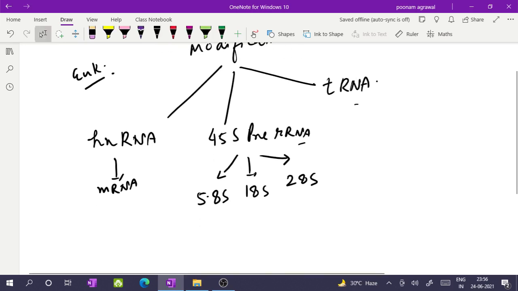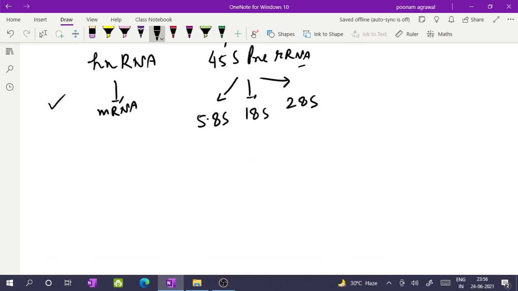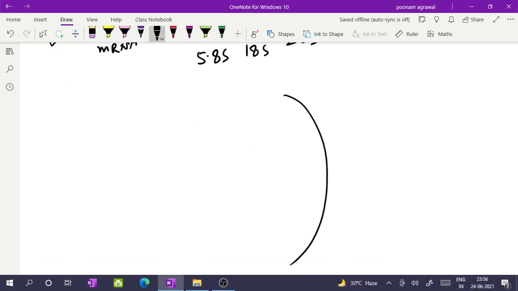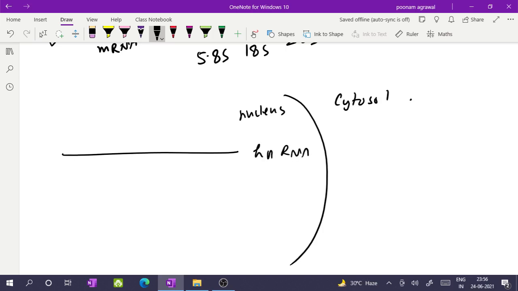First of all, I start with the modification of hnRNA to mRNA, and please understand it's a totally nuclear process. If I draw this as a nucleus and this as cytosol, and this is the hnRNA, it is much larger compared to the final product messenger RNA, which is much smaller. The large size of heteronuclear RNA, or heterogeneous RNA, is because of the excessive number of introns present in it.